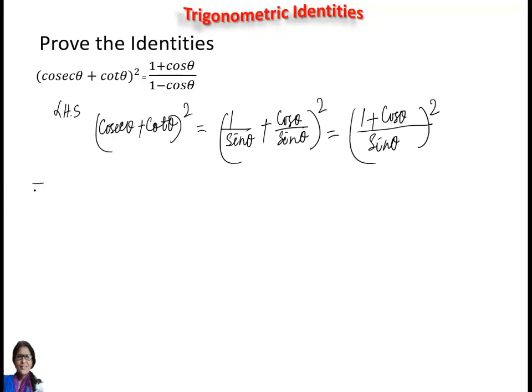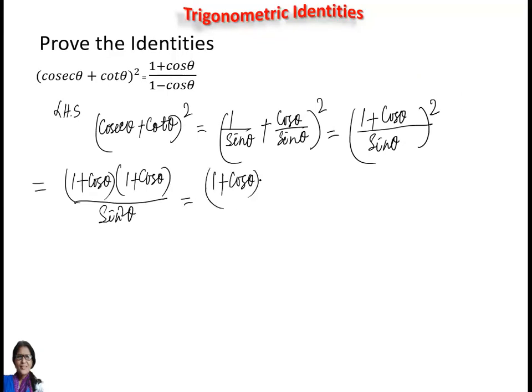Then I'll write 1 plus cos theta multiplied by 1 plus cos theta, and this I'll make sin square theta, sin theta into sin theta, sin square theta. In the next step, I hope you are following, I'll make it 1 minus cos square theta.